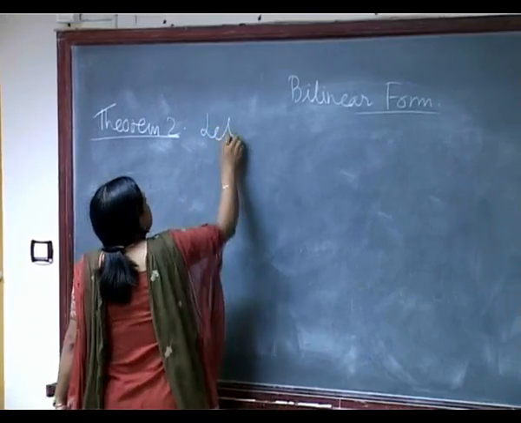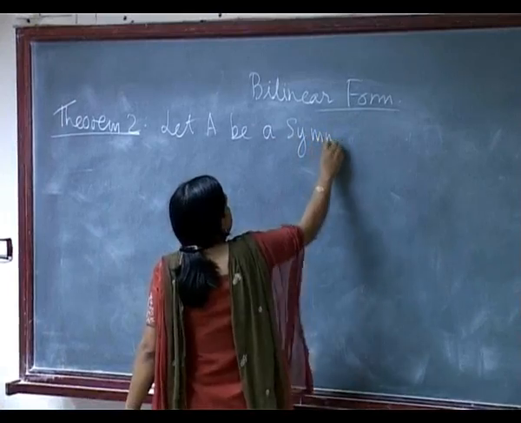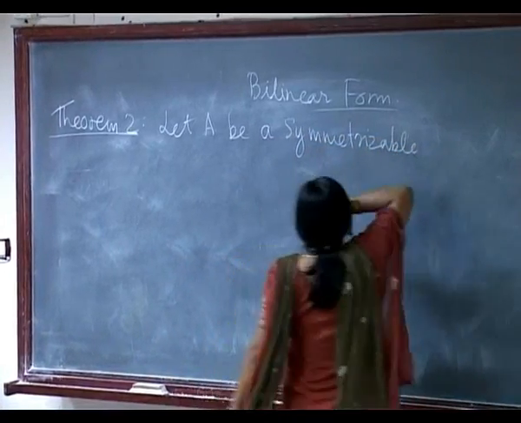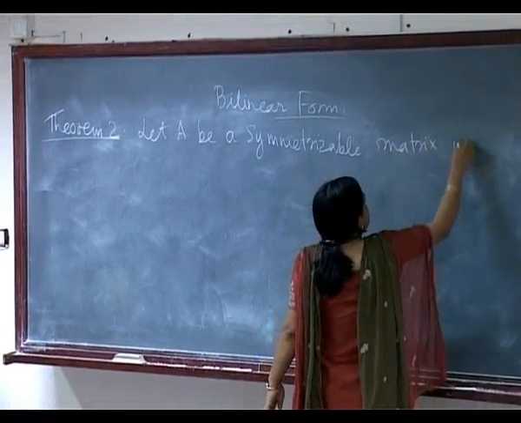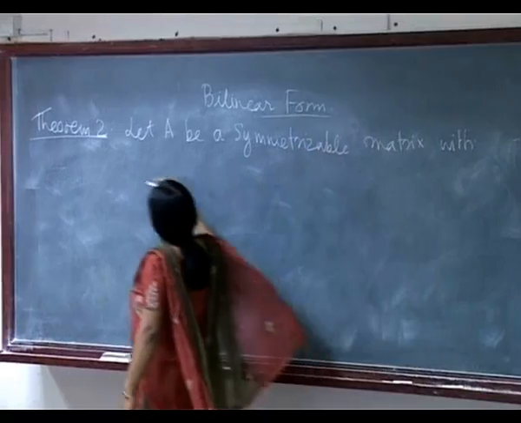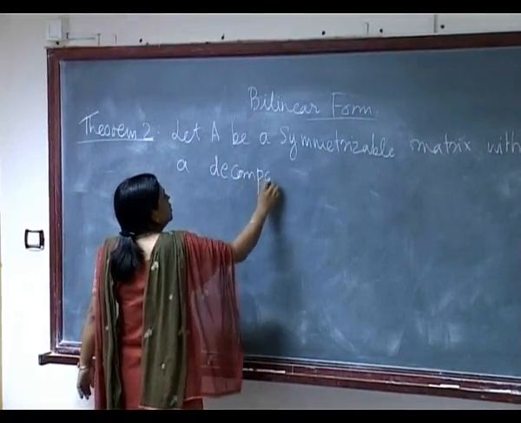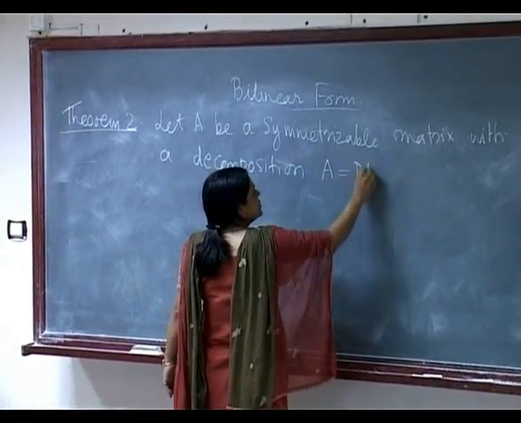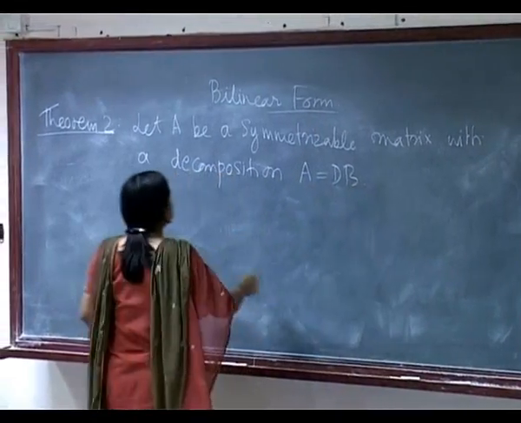So, let A be a symmetrizable matrix with a decomposition A equal to dB. This is the diagonal matrix, and this is the symmetric matrix.